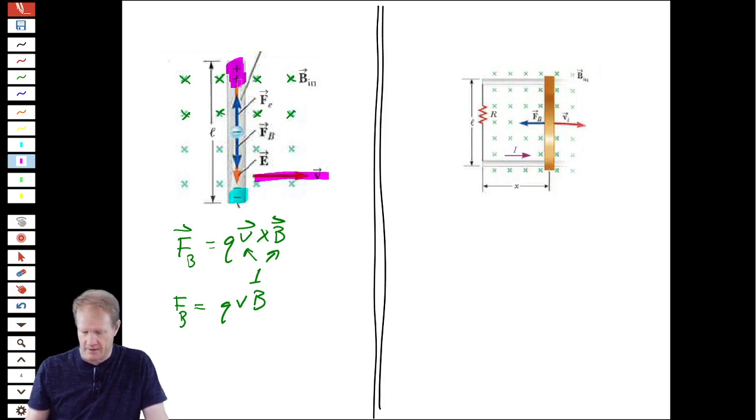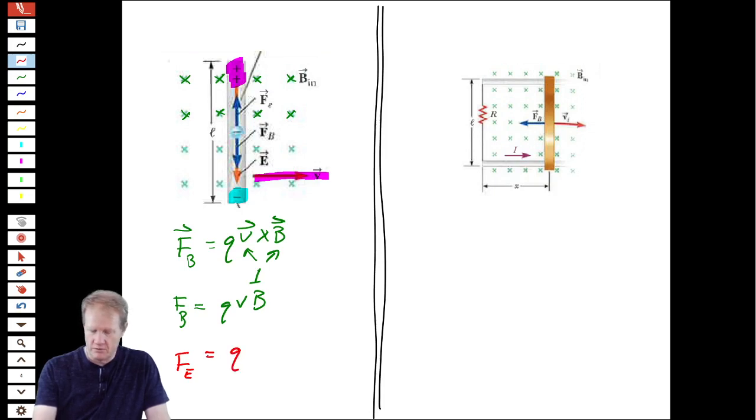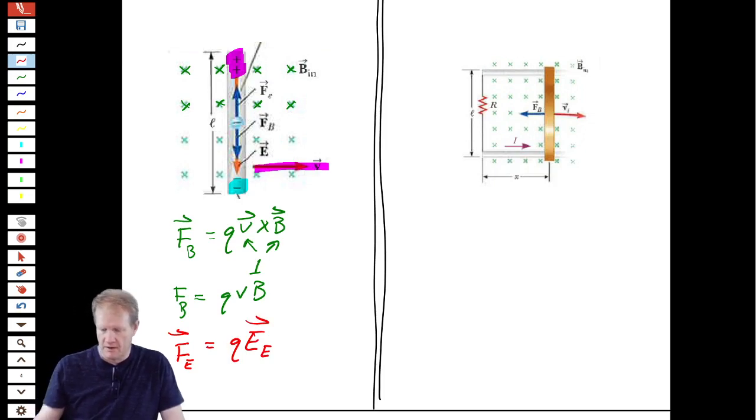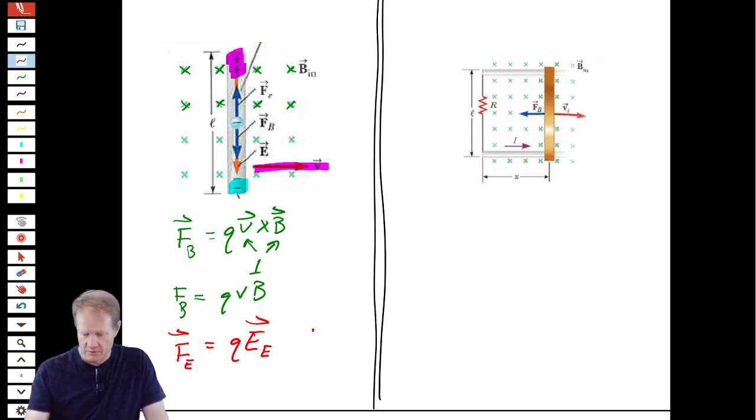stops it from happening. So there's going to be an electric field built up inside of this bar to exactly counteract that force. So the electric force would be q times E, the electric field that results, and that's from the top toward the bottom. And that's going to counter the other one. So in other words, we have Fe magnitude equaling qE.